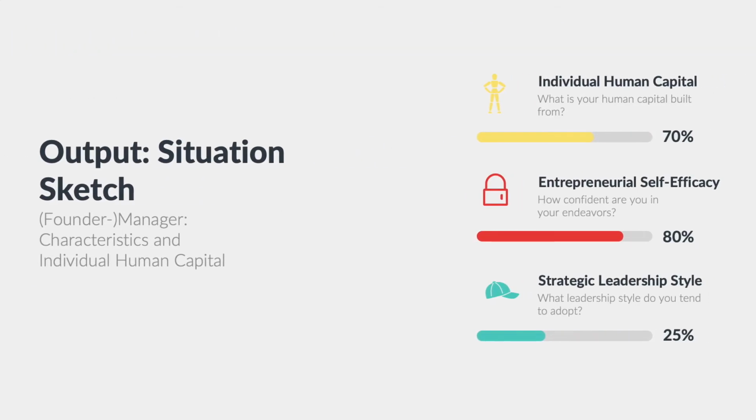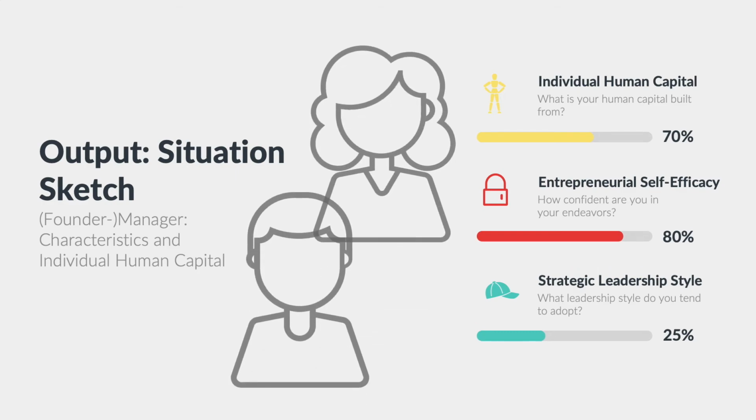Since the situation sketch is rather intuitive, we'll briefly cover its contents and leave more information open for questions at the Q&A. The situation sketch provides a managerial profile of the participants taking the assessment. It explains what their human capital consists of, how confident they are in their ability to succeed as an entrepreneur, and what kind of leadership they tend towards.